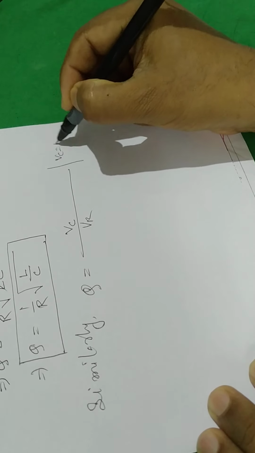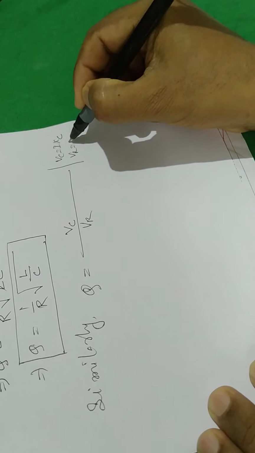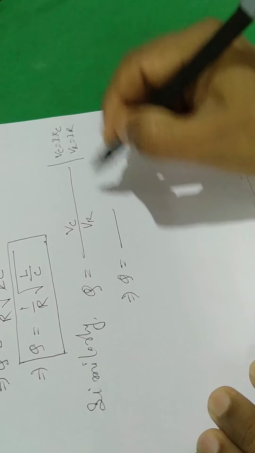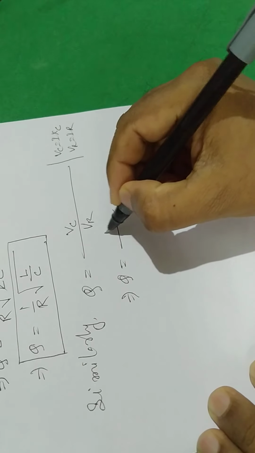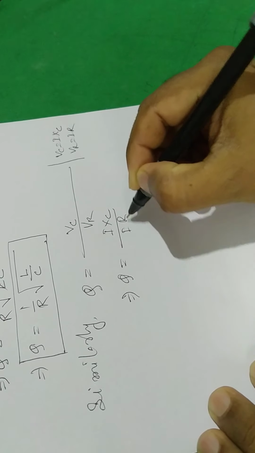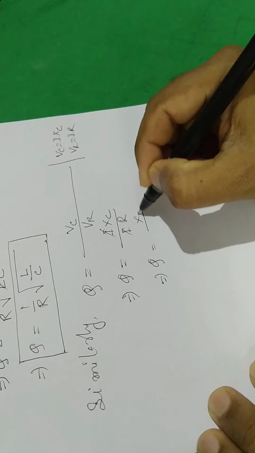VC equal to I XC and VR equal to IR. Q equal to I XC by I R, I cancels, Q equal to XC by R.